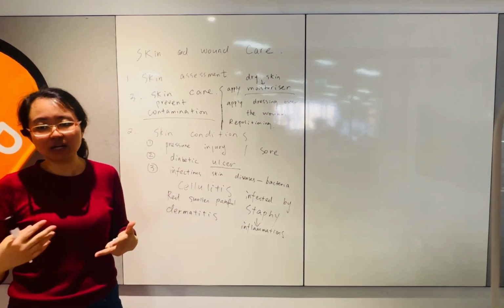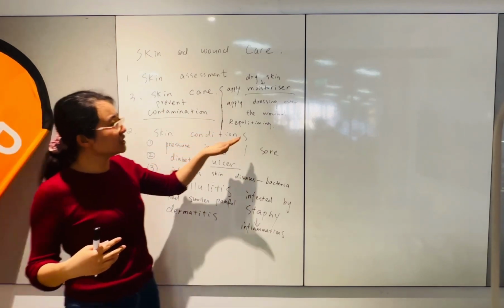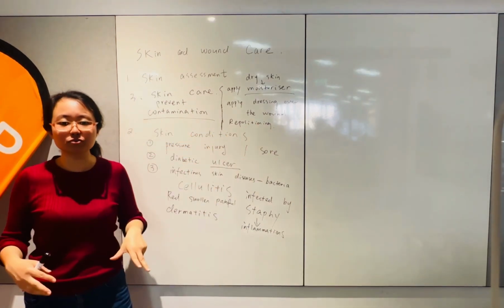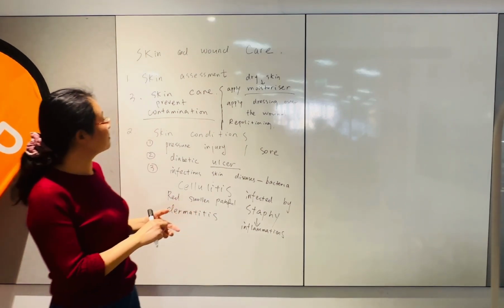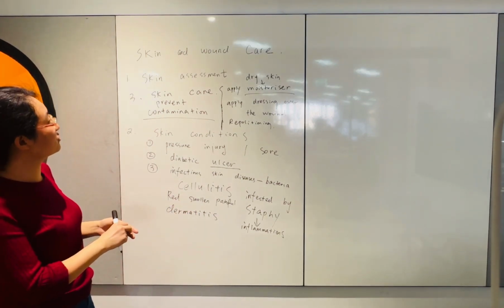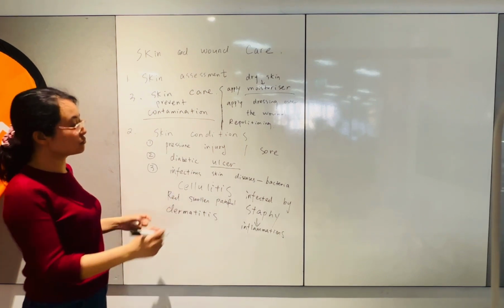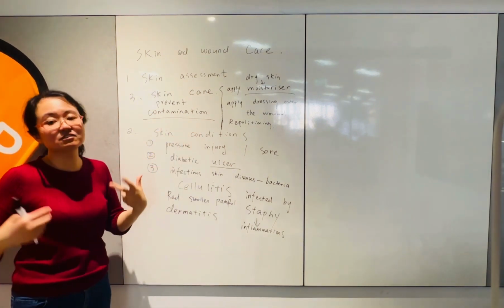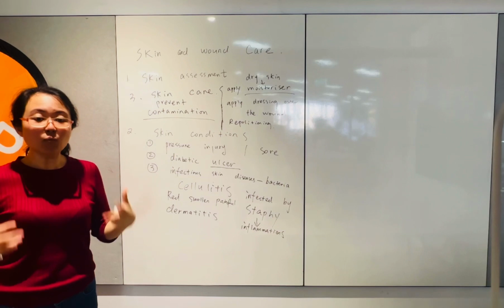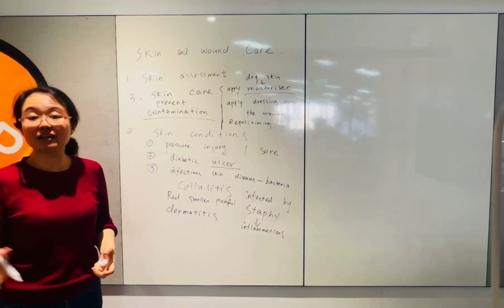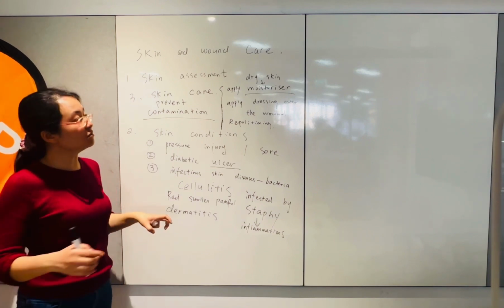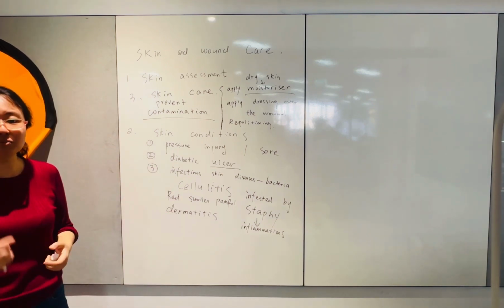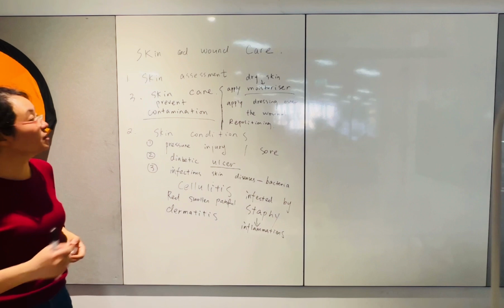So what cleaning solution do we use to clean the wound in the hospital? When the patient has a wound, the wound must be cleaned regularly to prevent infection. There's a very important solution we use to clean the wound in the hospital.